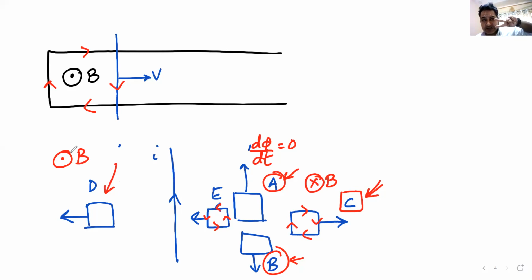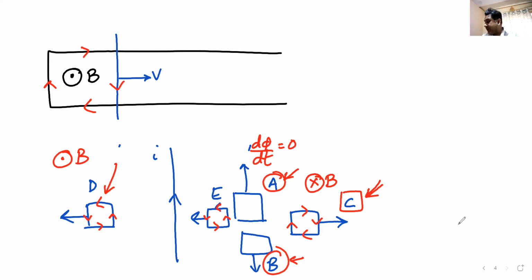Is the flux changing? Yes. Increasing or decreasing? The magnetic field is decreasing, so the flux is decreasing. If the flux is decreasing, I have to increase it, by creating a magnetic field in the same direction. Same direction means outwards, so the current has to be anti-clockwise. Do we understand this logic?